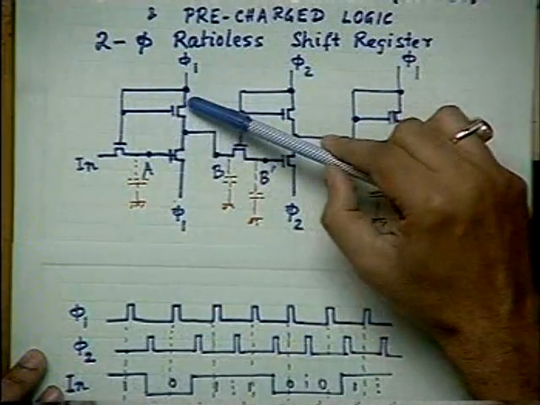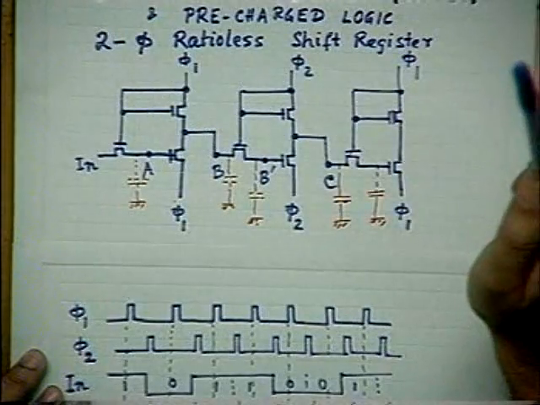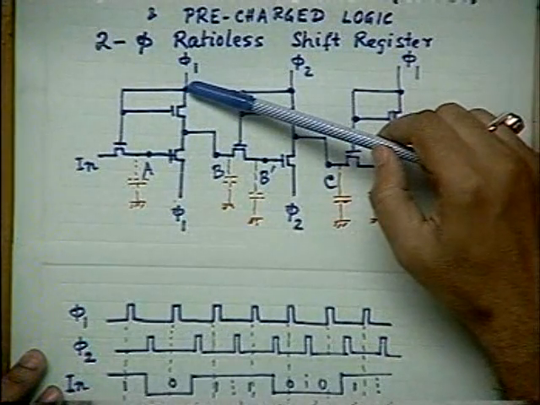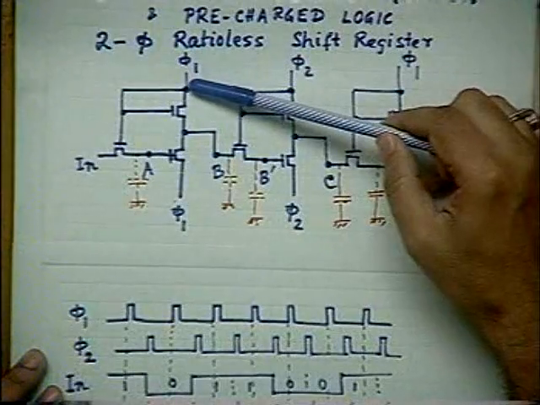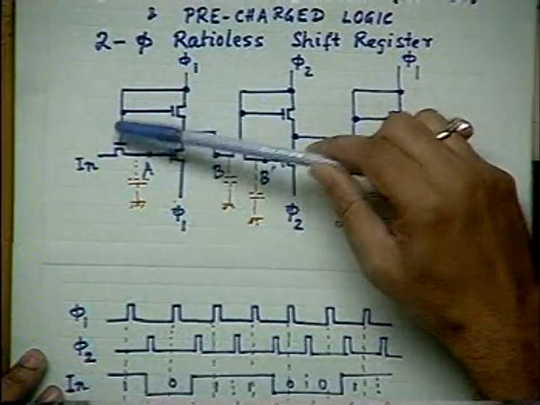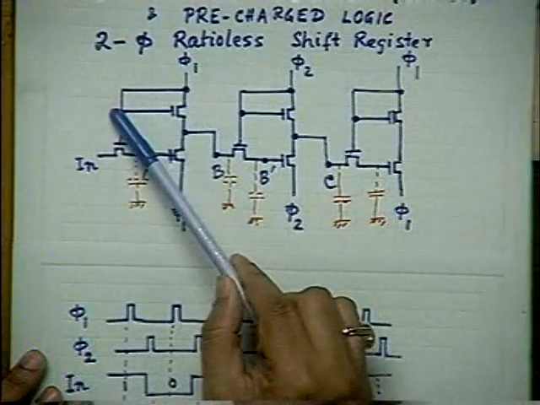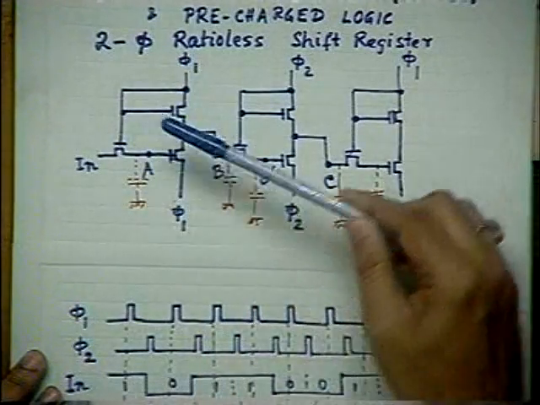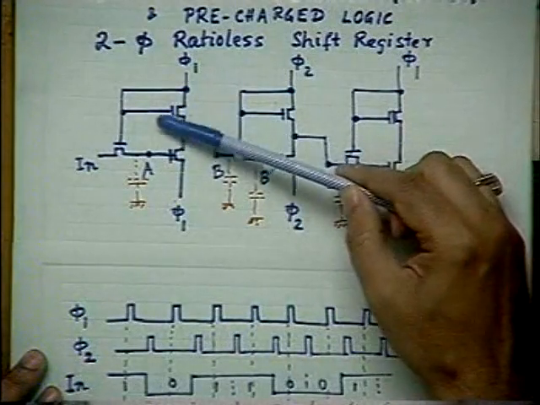This transistor is on and in saturation. Am I correct? When phi 1 is high, this transistor is on and in saturation. And when phi 1 is 0, this is off, because the potential is 0 and the potential difference between this and this is such that this has become drain and this has become source. And this turns off.